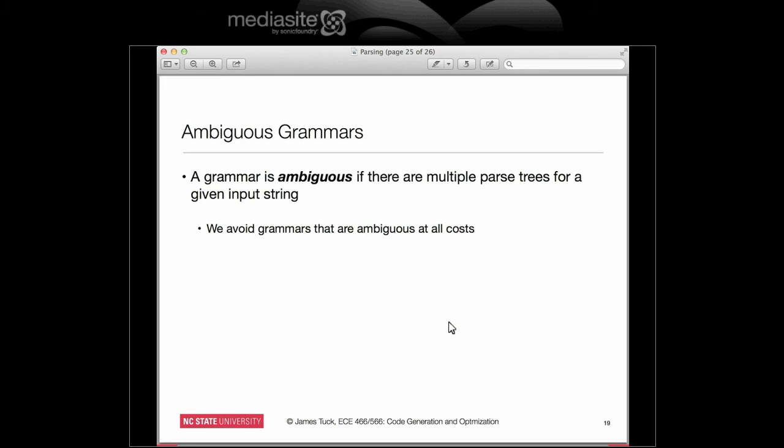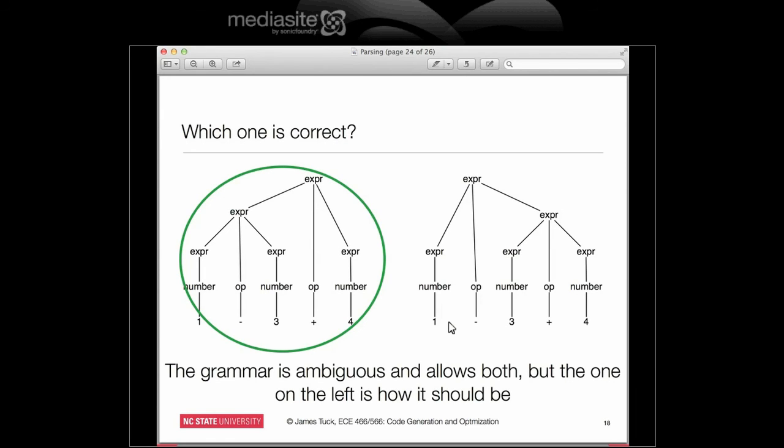So we need at least to add something to our grammar on the previous slide that says, when you're considering two alternatives, you should pick the one that groups things to the left, right? So we need some sort of rule in our grammar like that.